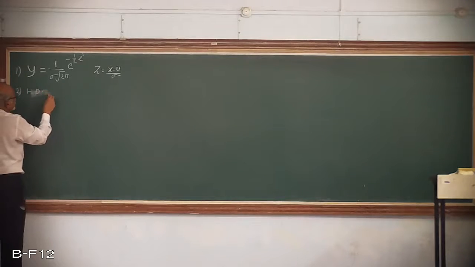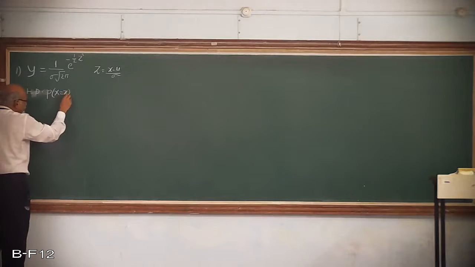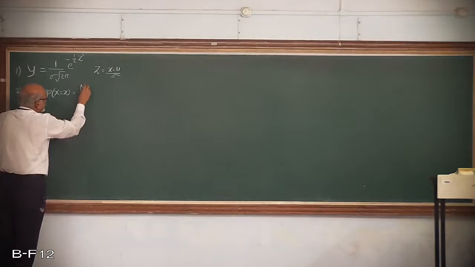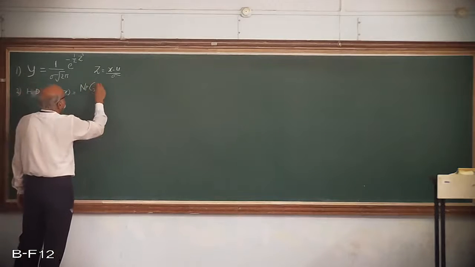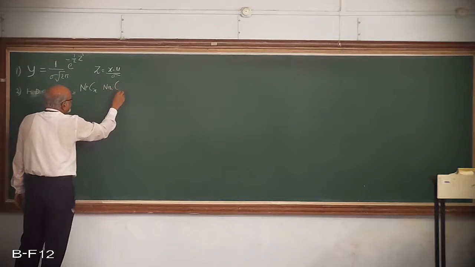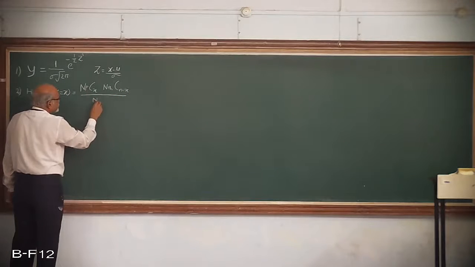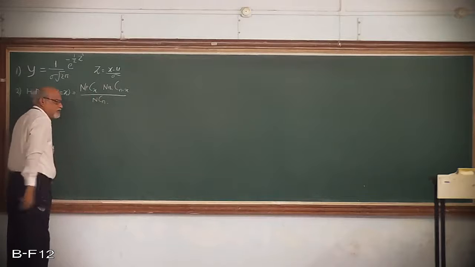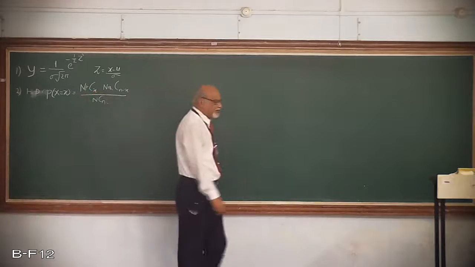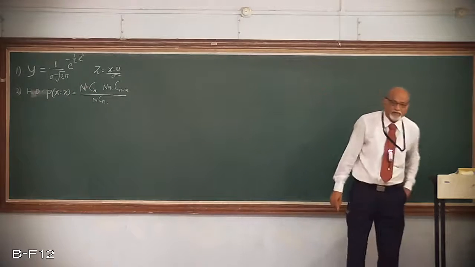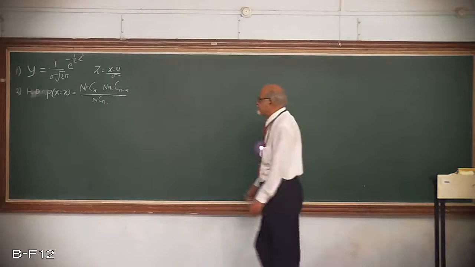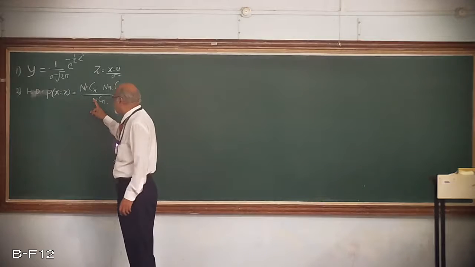That is given by the probability that x will take a particular value x is given by NpCx times NqC(n minus x) divided by NCn. What does it mean? NCn means we are going to select n items out of a total number of capital N items.